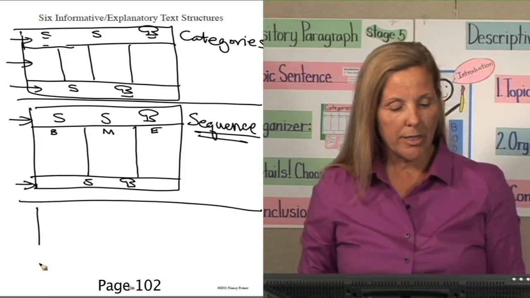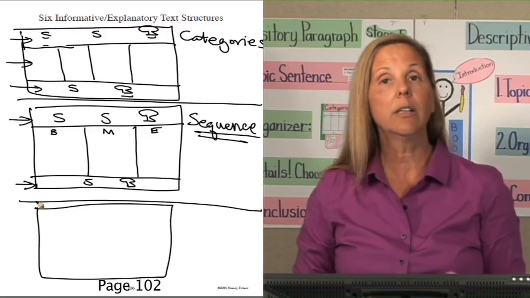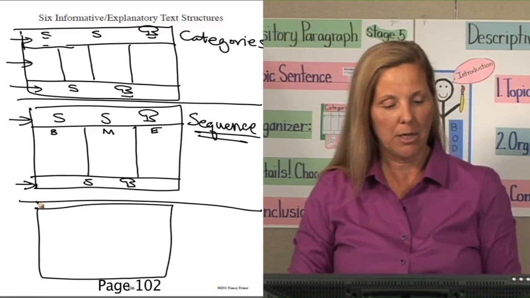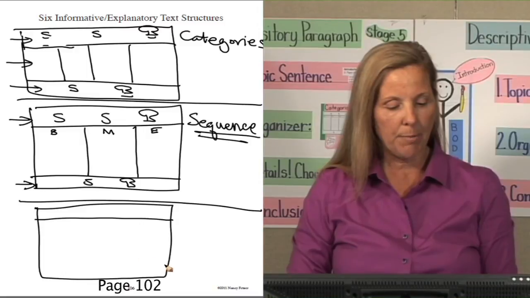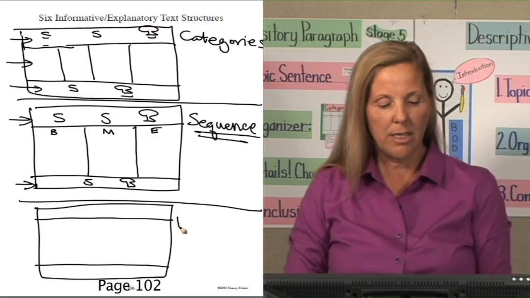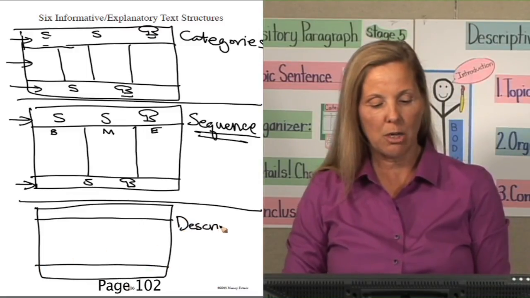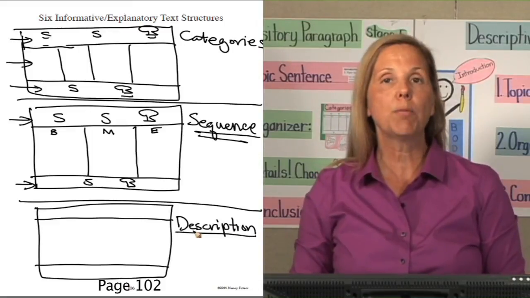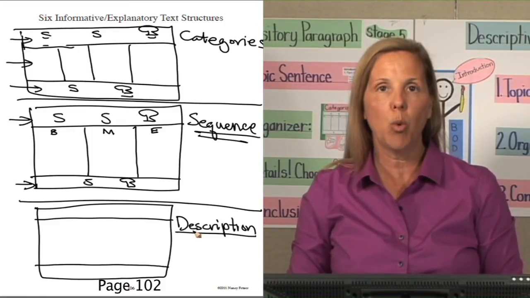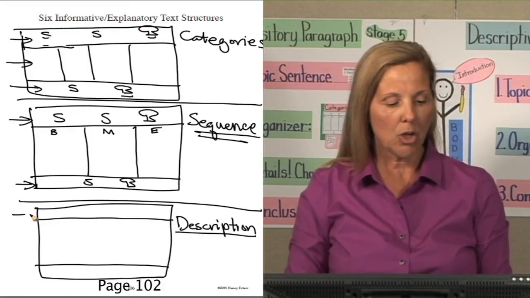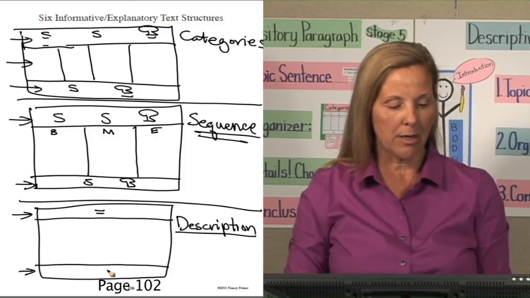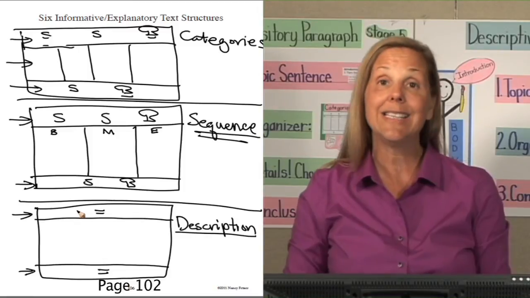The next organizer, let's put our box here, 8.5 by 11 sheet of paper. Draw a line across the top, a line across the bottom. This one is our description organizer. Our description organizer is the only one that has a different topic sentence and conclusion. We're going to put equal signs here, because this will be a definition.